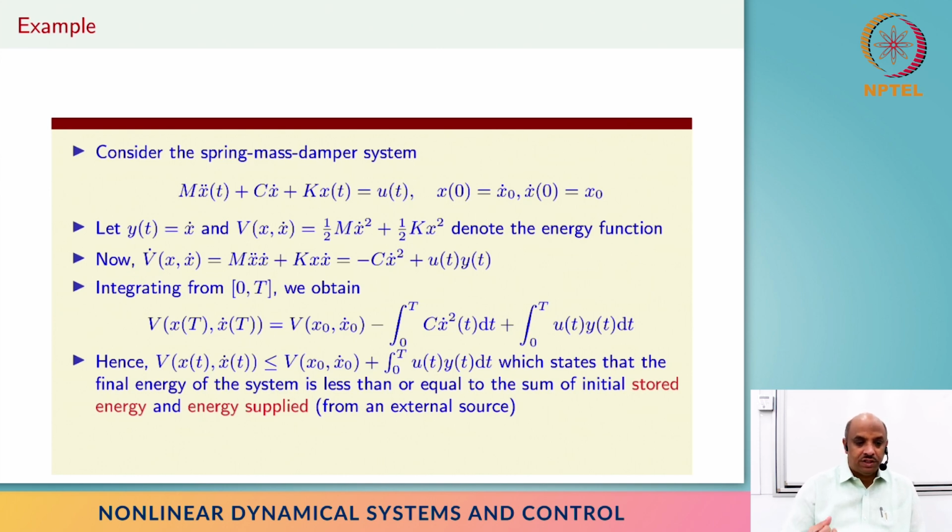So if energy is at some level to start with, and that energy gets dissipated without any external input, it will reach an equilibrium point, and that's the basics of Lyapunov stability. Whereas when it comes to something with input, the scenario is slightly more general, and the final energy is going to be less than or equal to the initial energy plus whatever energy is supplied from an external source, right?